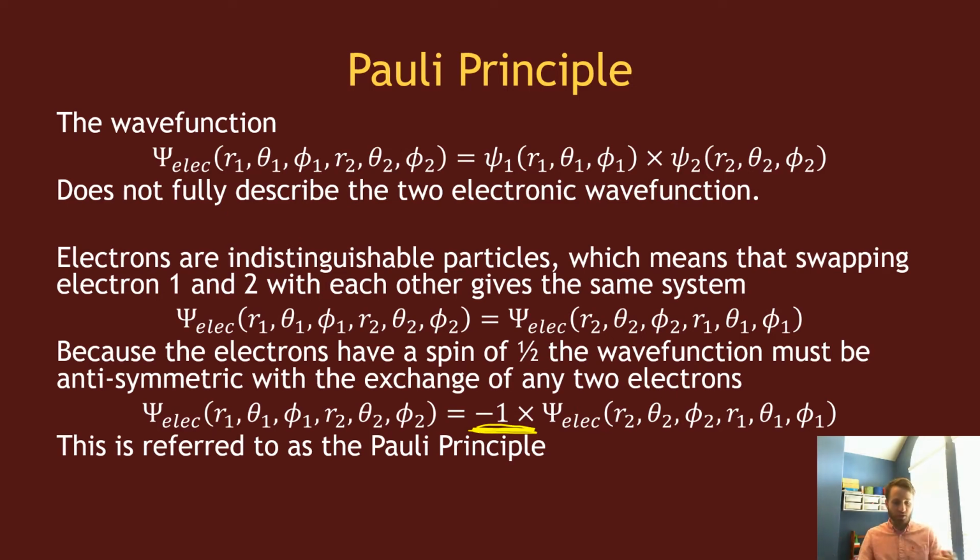And so exchanging those arbitrary labels for fermions means that my wave function has to be minus that of itself. This principle for fermions leads to the Pauli exclusion principle, that no two electrons can have the same quantum numbers; they can't occupy the same space with the same spin.